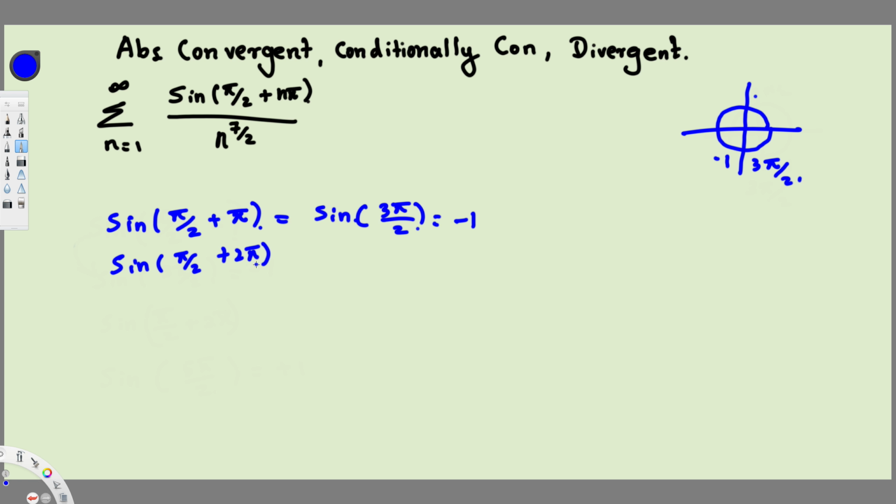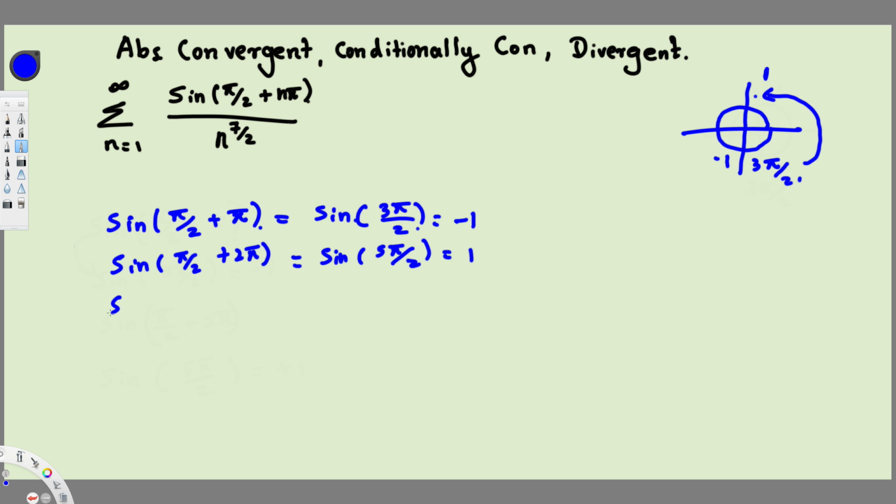If you take the common denominator, it's going to be 4π over 2, so this is going to be 5π over 2, sine of 5π/2. So this is going to be positive 1.